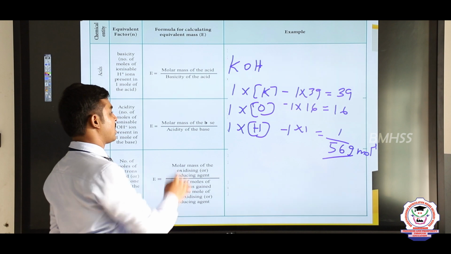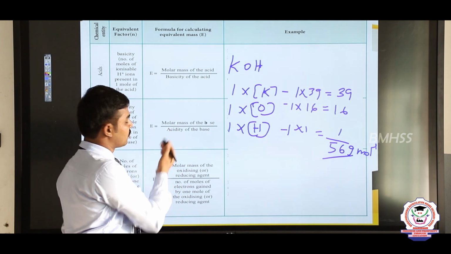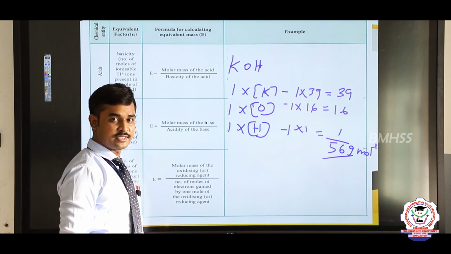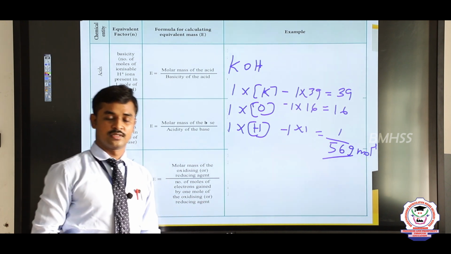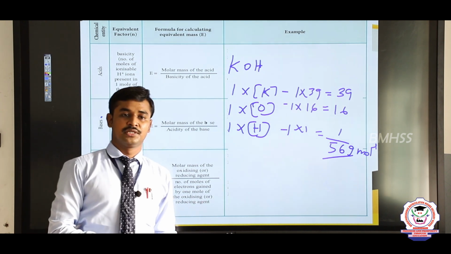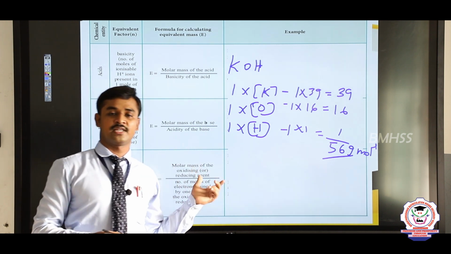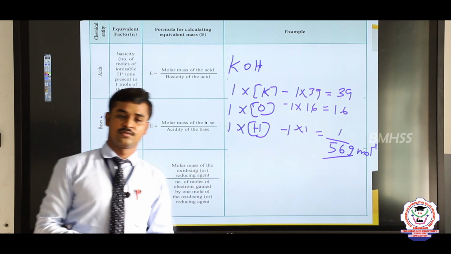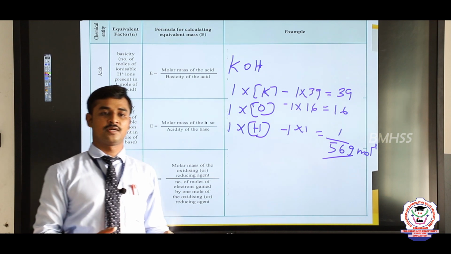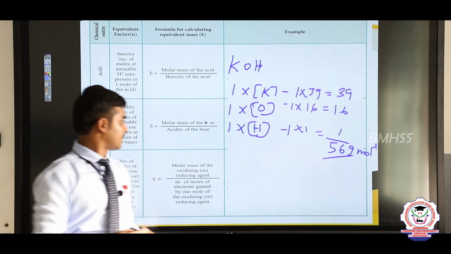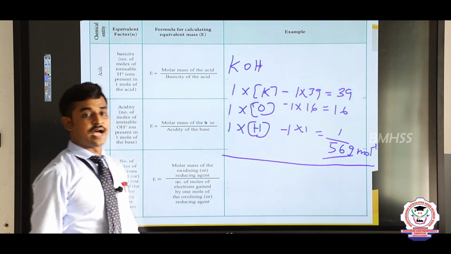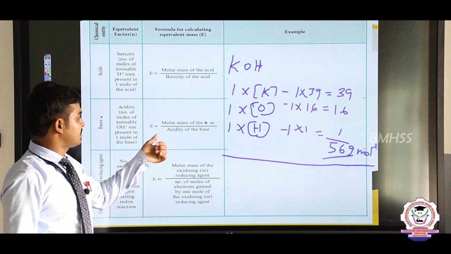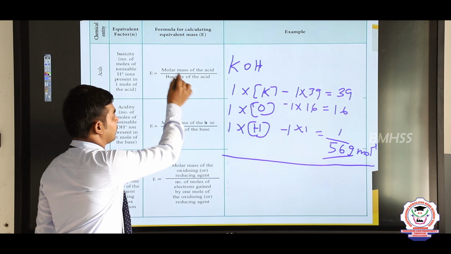So, we have the molar mass for potassium hydroxide, and we need the acidity of potassium hydroxide. How many OH minus are present in this? Samatha, you tell me, how many OH minus are in potassium hydroxide? 1. So, is it represented by the word basicity, right? Not. We only use acidity, because acids only have basicity.